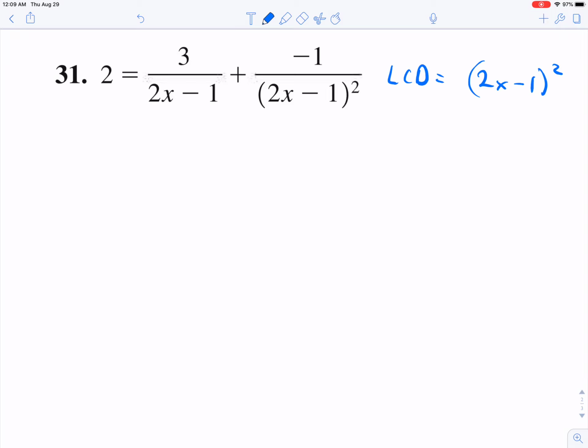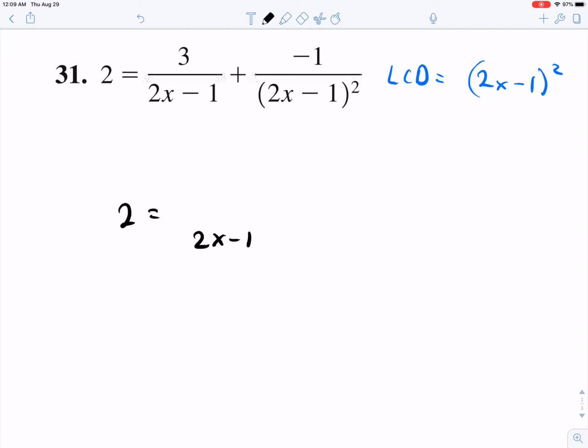If that's not clear, it's a good idea to probably do a YouTube search on how to find the LCD. There are a lot of interesting tips and tricks on how to find the LCD. So once we've identified that, we're going to multiply the left side of the equal sign and the right side of the equal sign by that LCD. So let me start by getting a copy of the original.